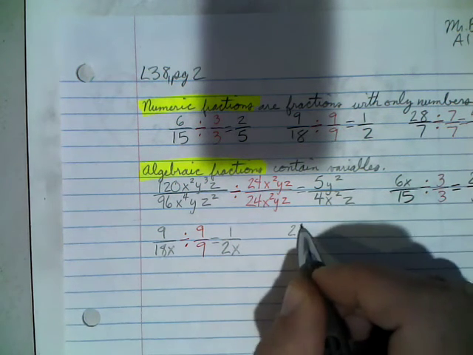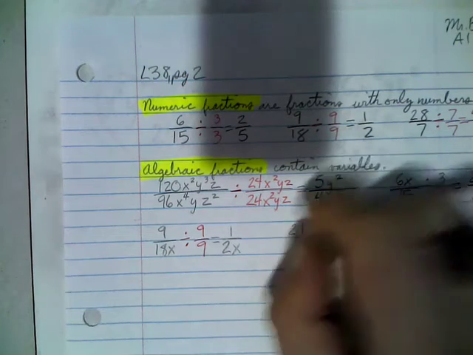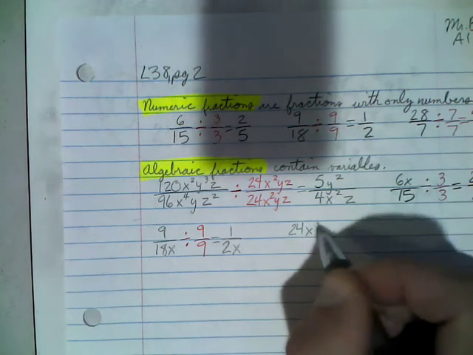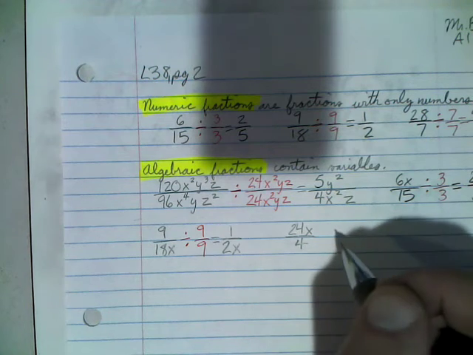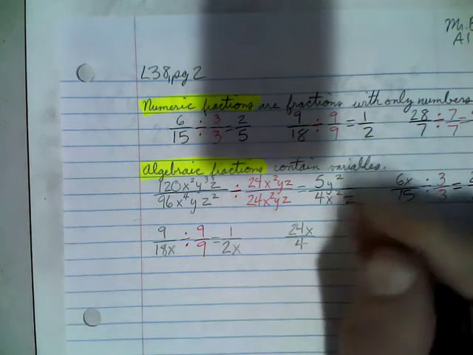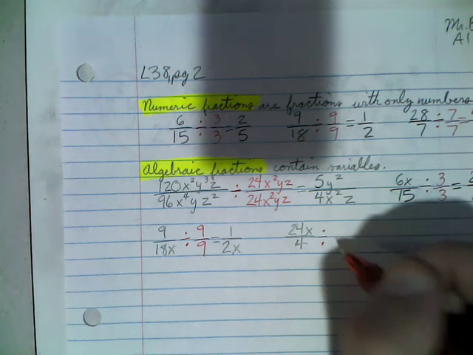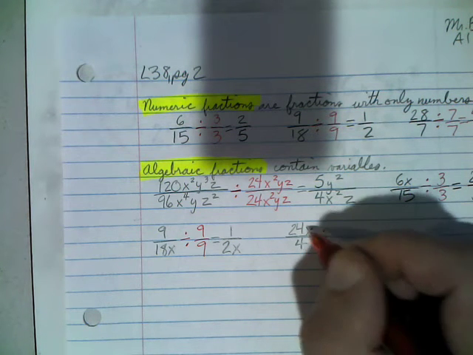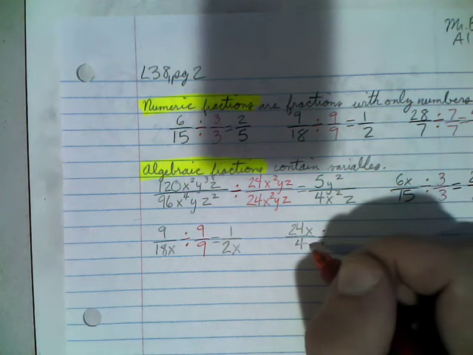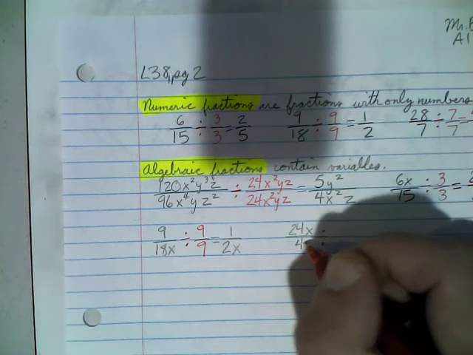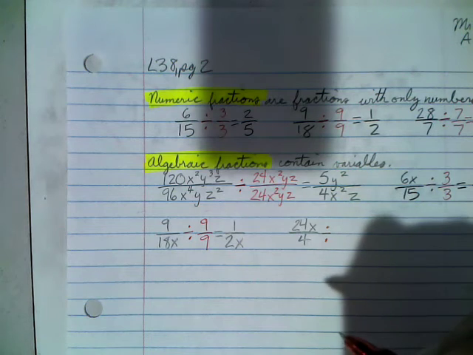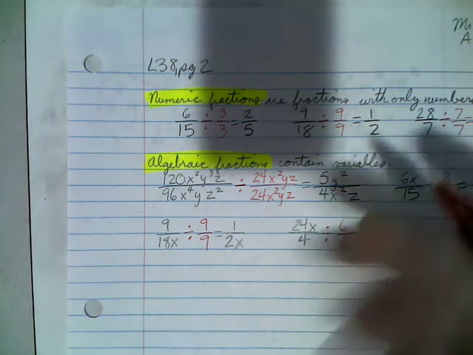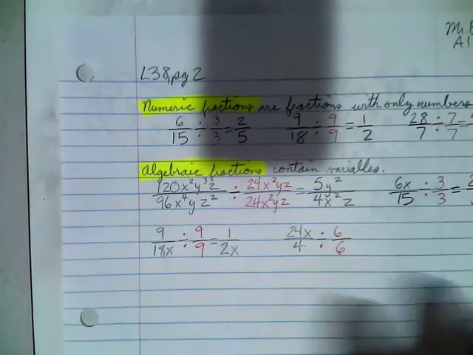If I had 24x over 4, well, same idea. I know that 4 goes into 24 6 times, and 4 goes into itself once. So I could divide this by 6 over 6, and then, well, there's just a single x in the top.